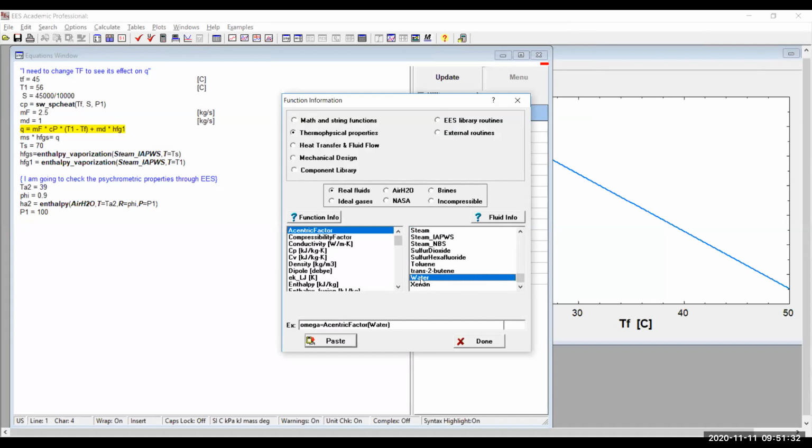Since you don't have seawater, this is the one that you are going to use. Clear. Thank you so much. And if you use air in the HDH system, then it will be this air H2O, which is humid air. All right. Thank you so much. You're welcome.